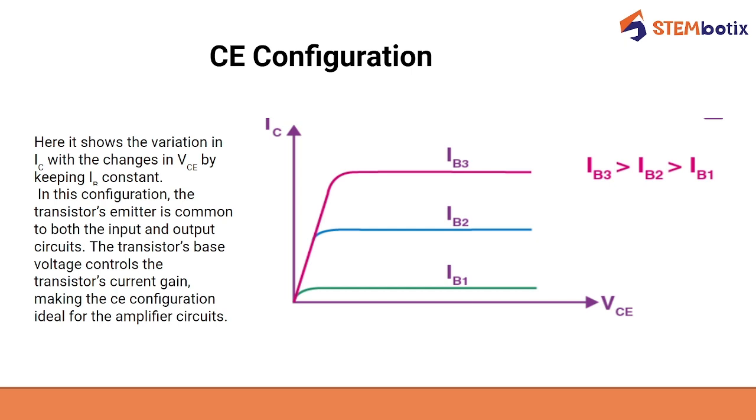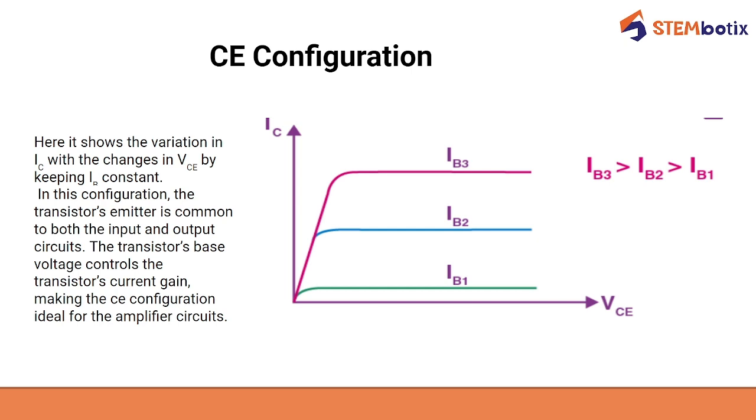In this configuration, the transistor's emitter is common for both input and output circuits. The transistor's base voltage controls the transistor's current gain. Here, the voltage at the transistor's base controls the transistor's current, making the common emitter configuration ideal for amplifier circuits.